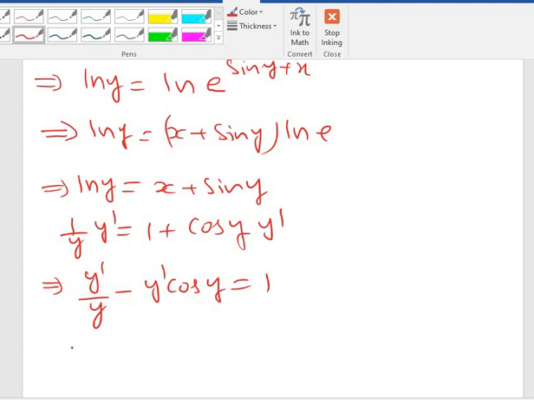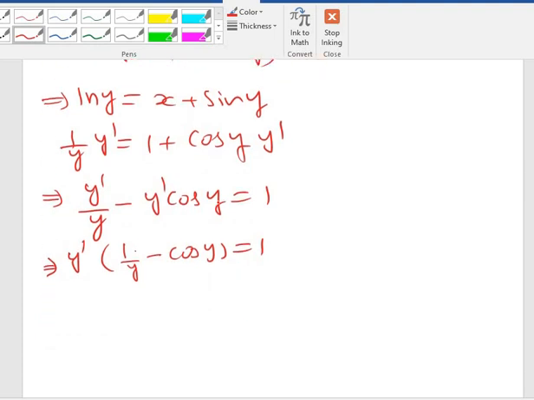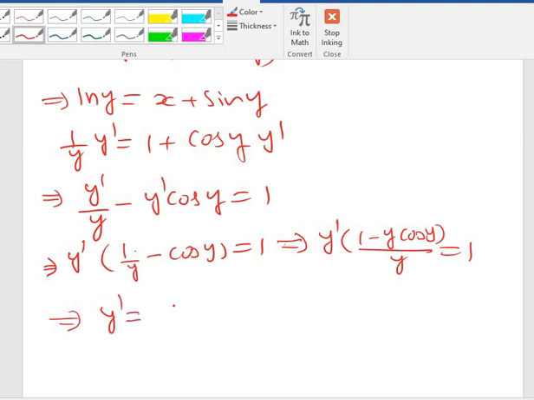Keep y dash outside, so it becomes y dash times 1 divided by y minus cos y is equal to 1. Simplify it: y dash times 1 minus y cos y divided by y equal to 1, so the first order differential equation is y dash equal to y divided by 1 minus y cos y.